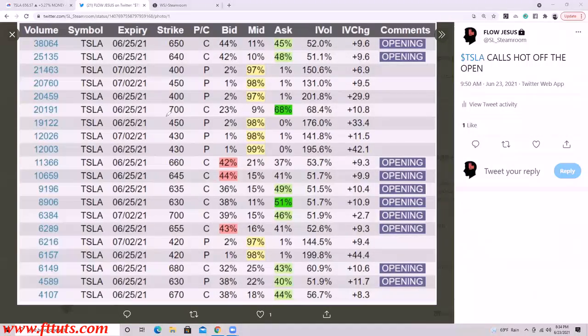So like this line here, weekly 700 calls, 68% were on the offer. In the bigger names, you're going to see a lot of mid because the bids and asks move so fast. But it just tells you how clean it is, because sometimes they're selling into it.